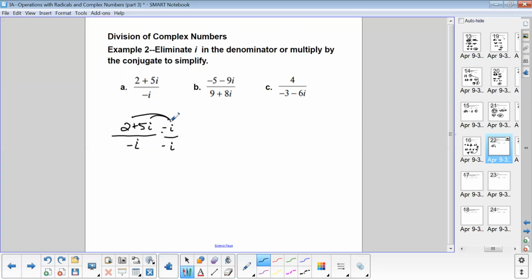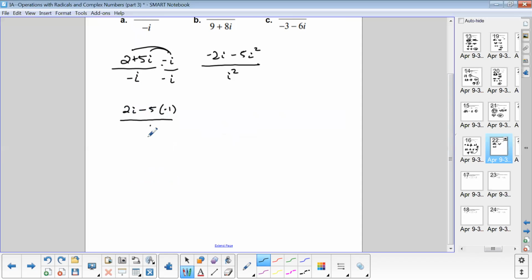So negative i times 2 would be negative 2i. Negative i times positive 5 would be negative 5i squared, all divided by negative times negative is a positive i squared. But what we know is i squared is negative 1. So negative 2i minus 5 times negative 1, all divided by negative 1.